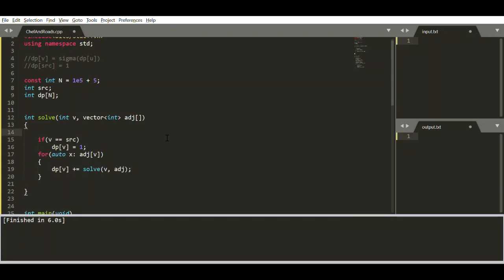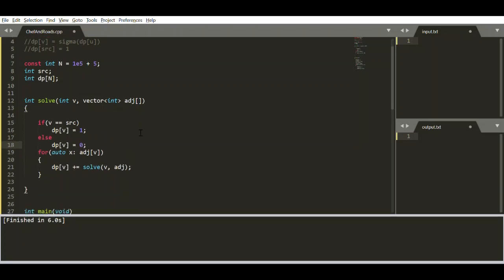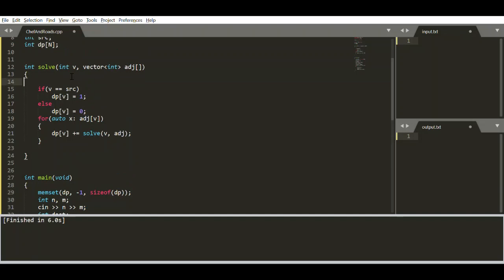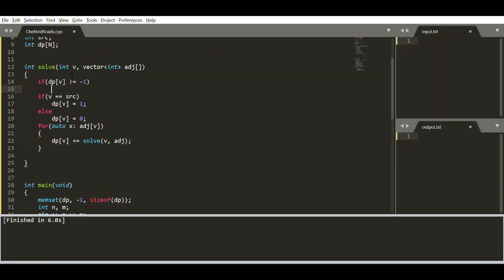Now we could memoize this by, instead of using another array, setting this as 0 initially. memset dp as -1. So if dp of v not equal to -1, return dp of v. So we've just done some standard memoization: if we've already visited, dp of v won't be -1, so we'll just return the value. If we've never visited before, we'll do the computation.